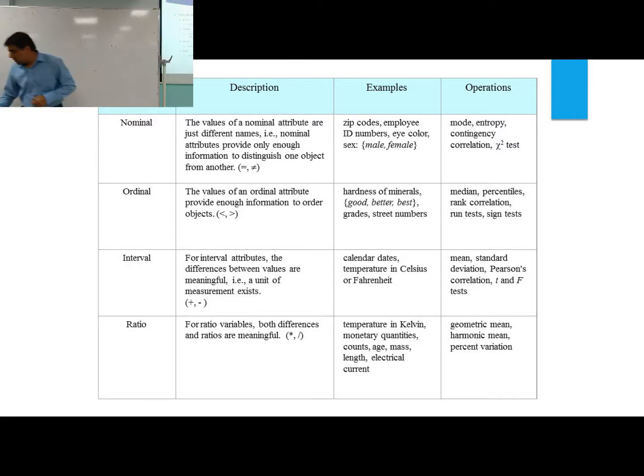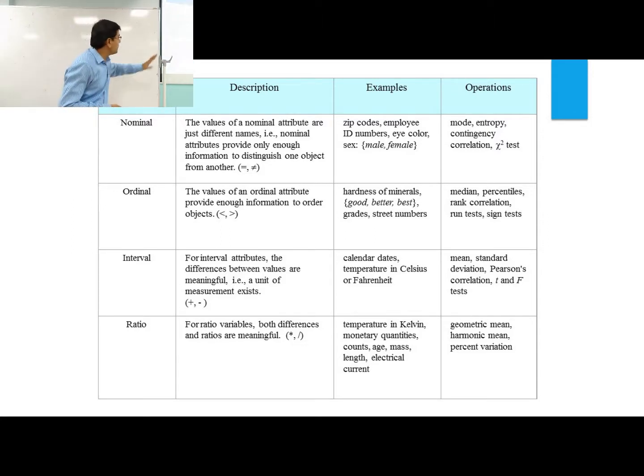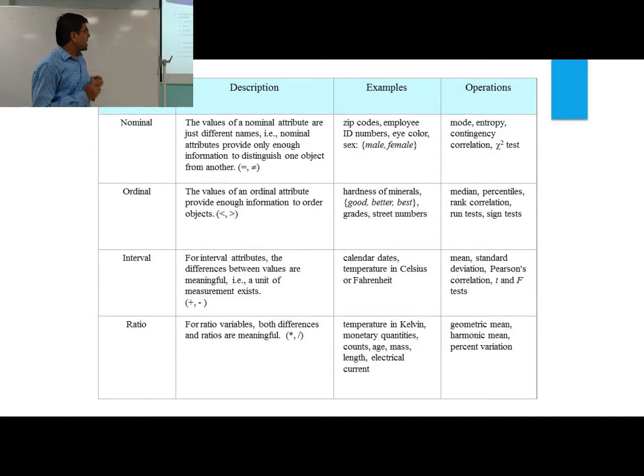There are several operations which are not valid for the given type of data. A few of them are valid and a few are not. If I go for distinctness, order, addition, multiplication, some of them are allowed and some are not allowed, depending on the type of the data.